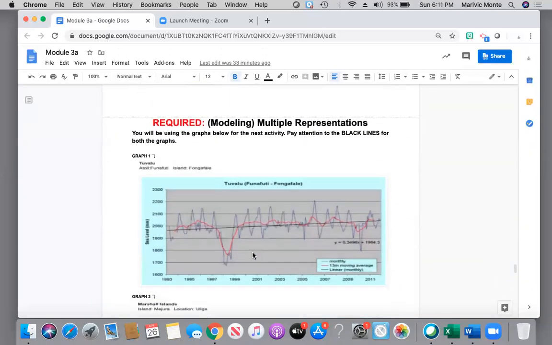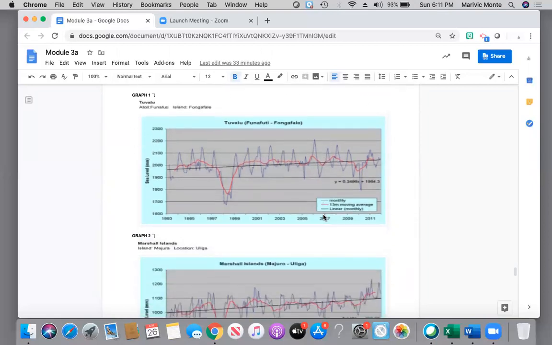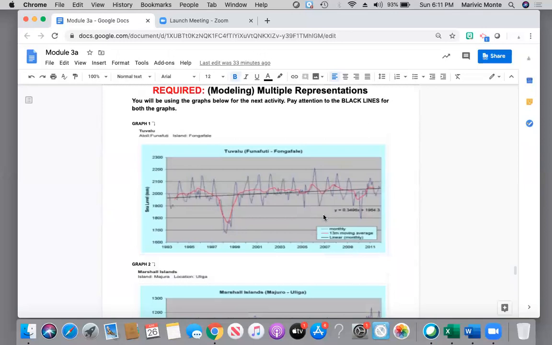And the meat of your assignment actually is this portion that says modeling multiple representations. I need for you to look at this. I've actually modified the original set of exercises, the original module, by picking for you the two graphs already.